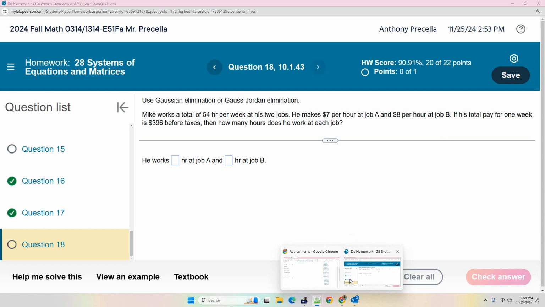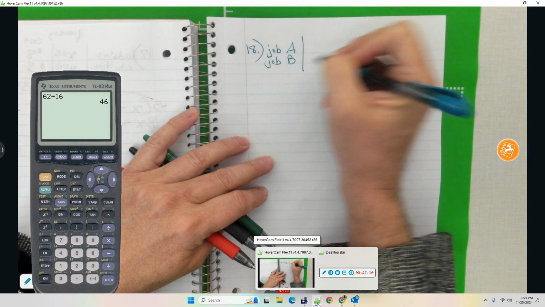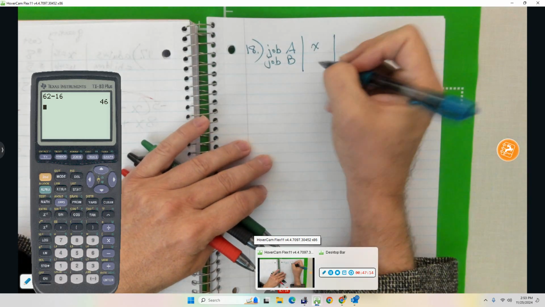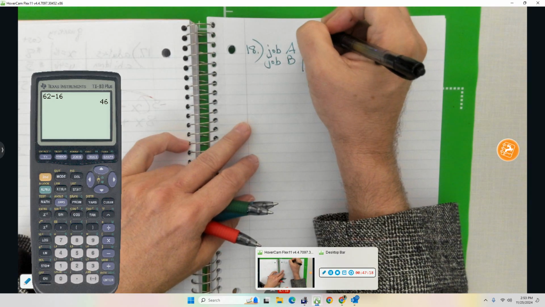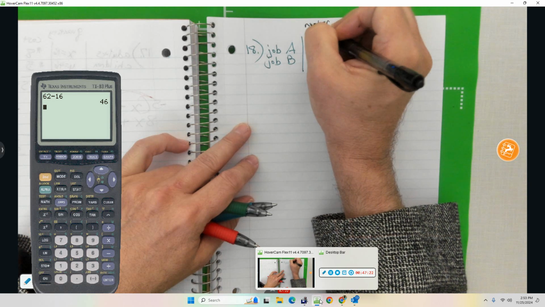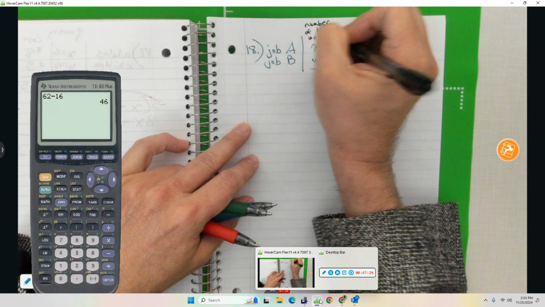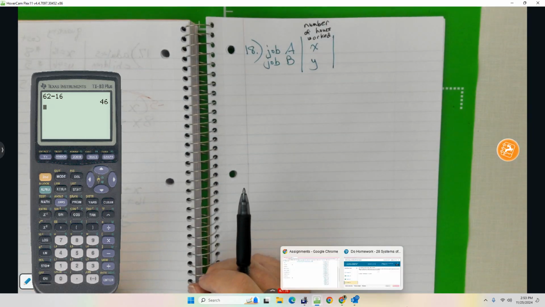So I'll make boxes down there for job A and job B. I'll say he works X hours at job A and Y hours at job B. I'll label this column the number of hours worked.